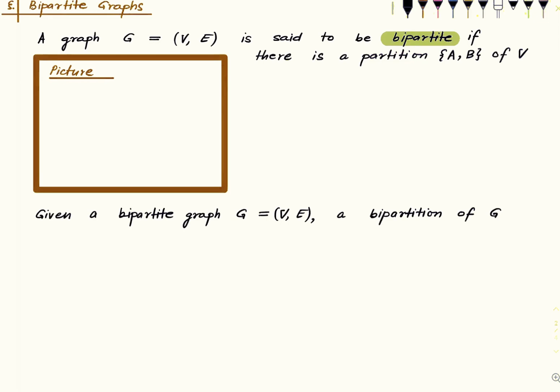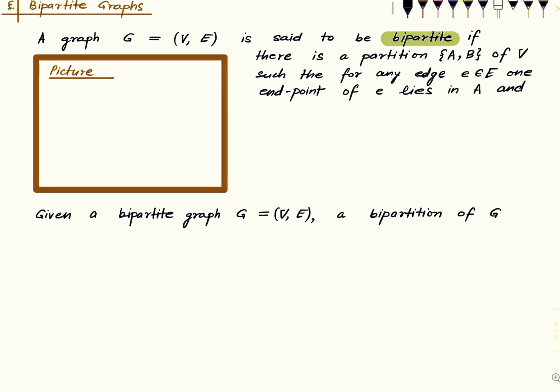There is a partition A comma B of V such that for any edge e, one endpoint of e lies in A and the other lies in B. Just so that there is no confusion, I will replace this with every.